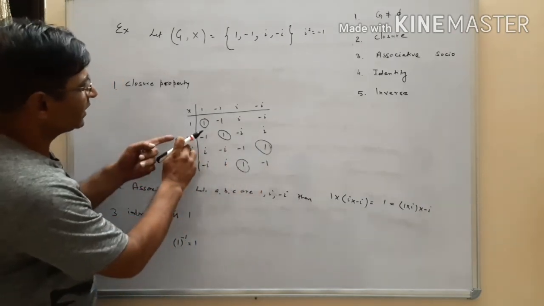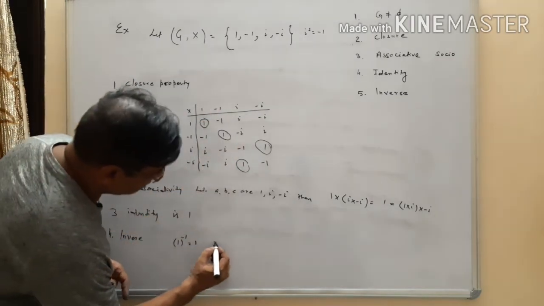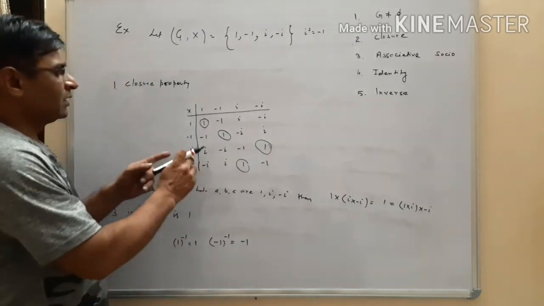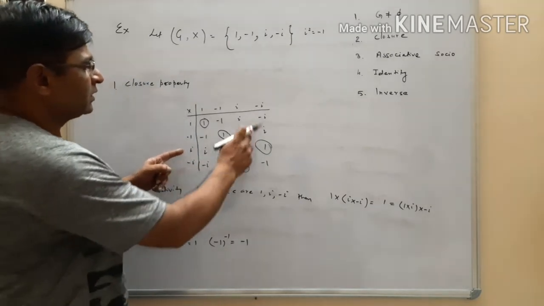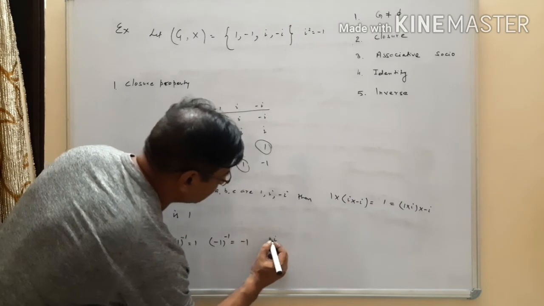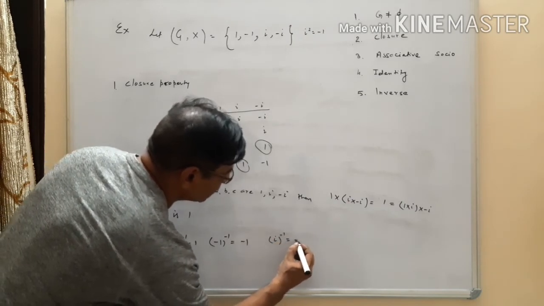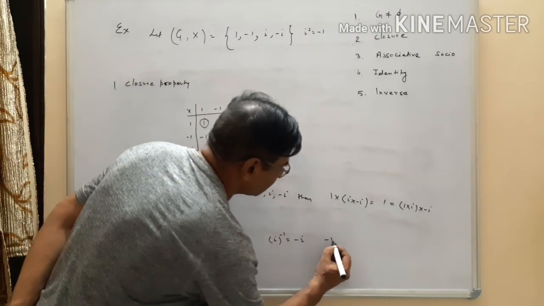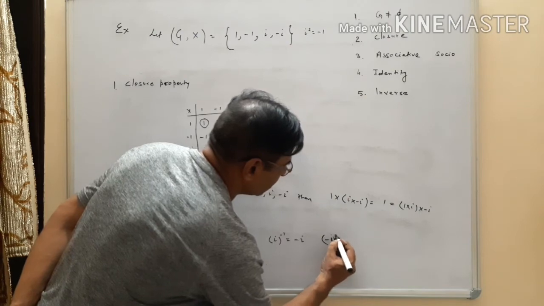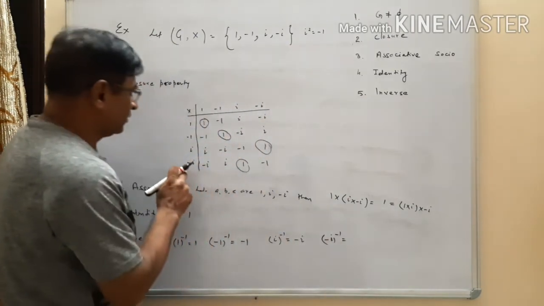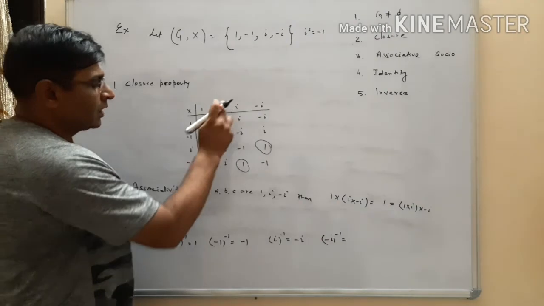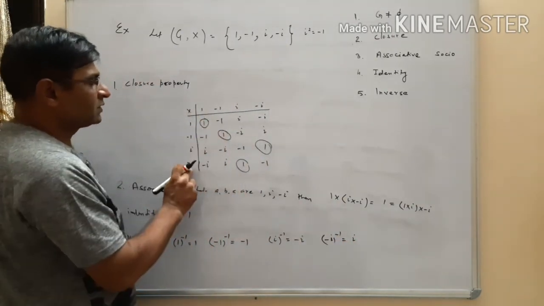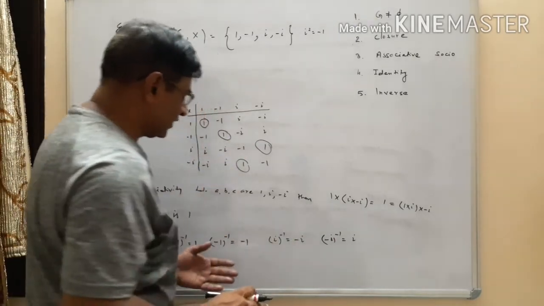So obviously the inverse of minus 1 is minus 1, and the inverse of iota is minus iota, and the inverse of minus iota is iota, because when they are multiplied together, or vice versa, we get 1.